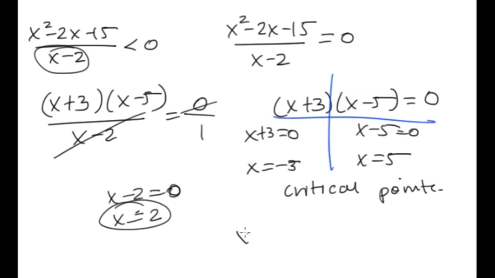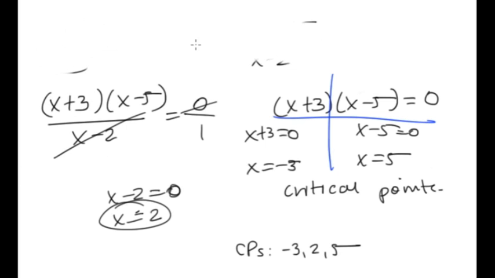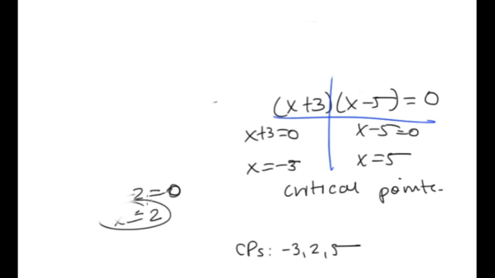So now we have our critical points. So our CPs are going to be negative 3, comma 2, comma 5. So if we erase all this and make a big number line now, we now know our critical points. We can just make a number line now. Negative 3, 2, 5. We have to test actually 4 sections.